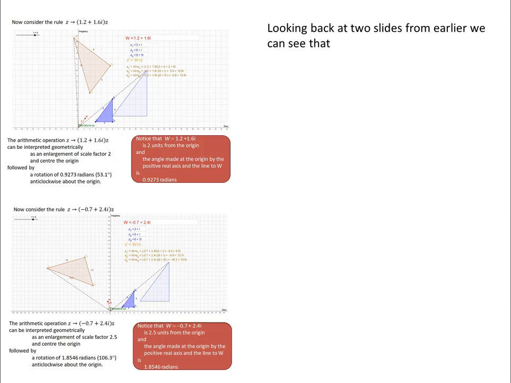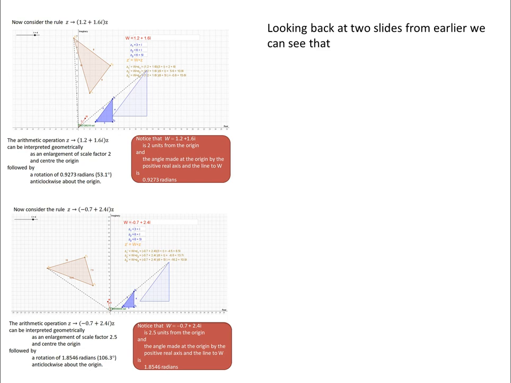Now if we look back at the previous two slides, we can see that if we multiply by 1.2 plus 1.6i, then that was equivalent to an enlargement of scale factor 2, and 2 was the modulus of 1.2 plus 1.6i, followed by a rotation of 0.9273 radians anti-clockwise about the origin, and 0.9273 was exactly the same as the argument of 1.2 plus 1.6i.